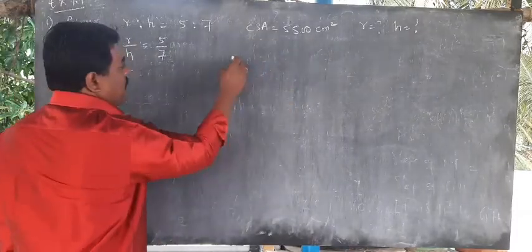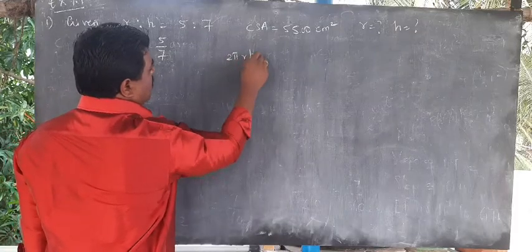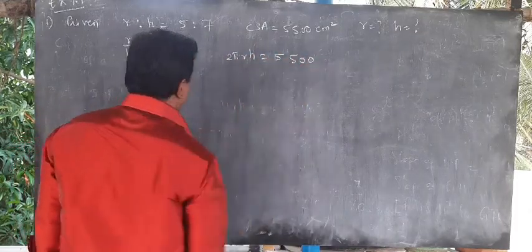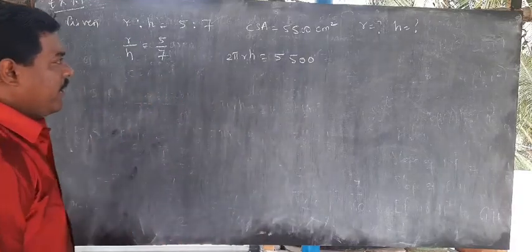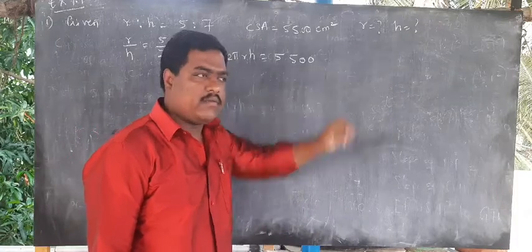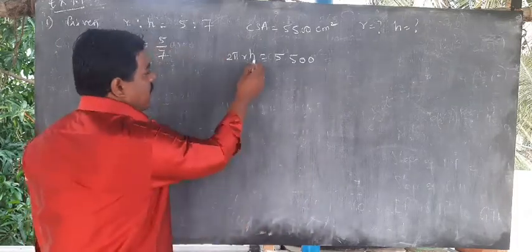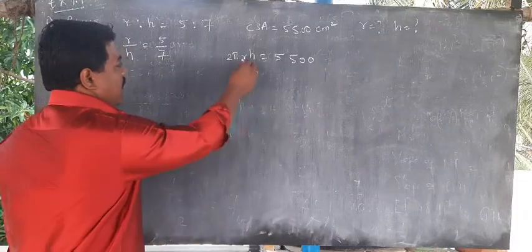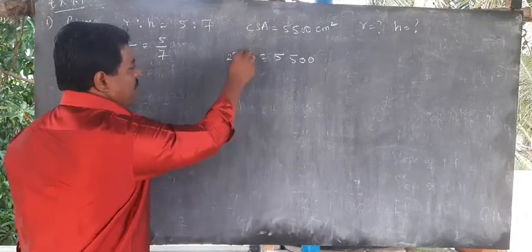CSA means formula 2 pi rh equal to 5500. Here we have r and h both, but to find them we need only one variable, then only we can find.